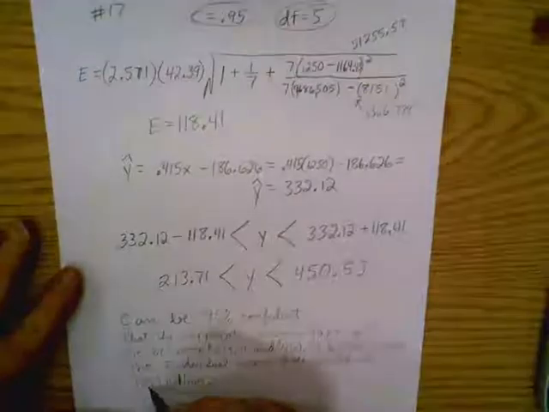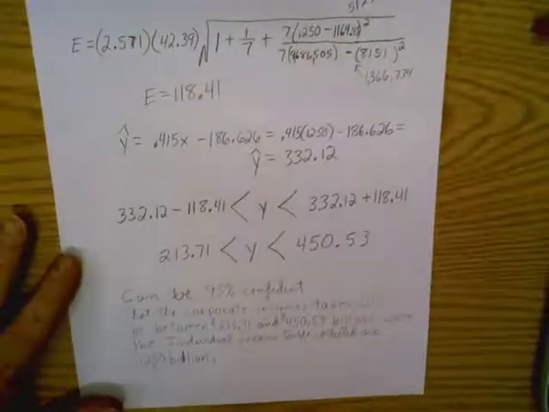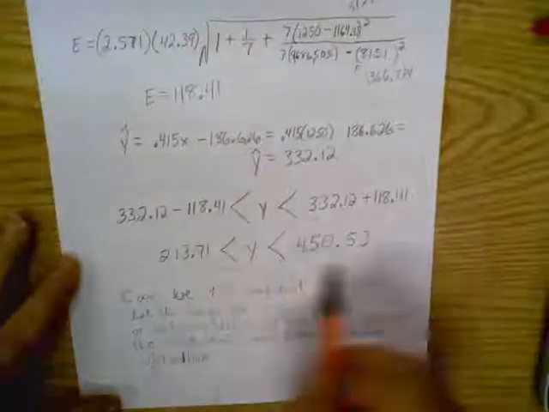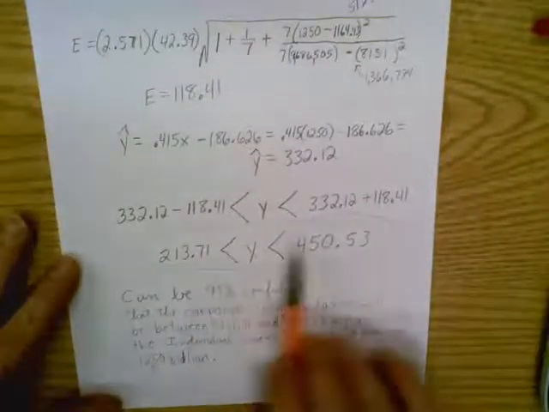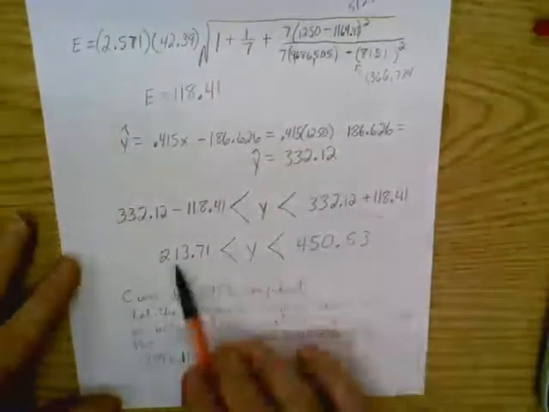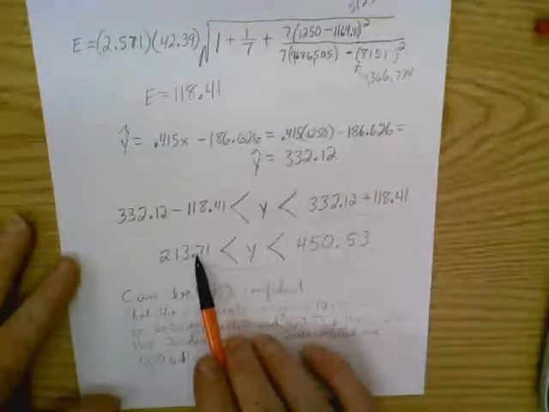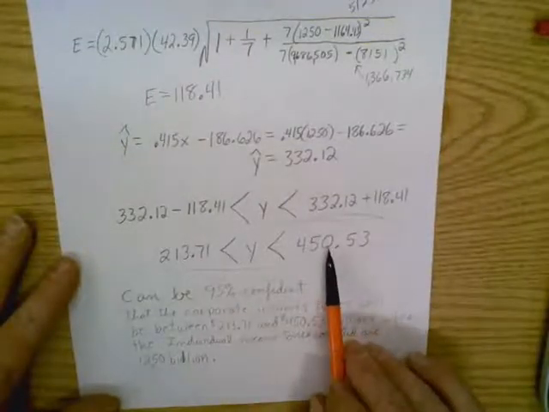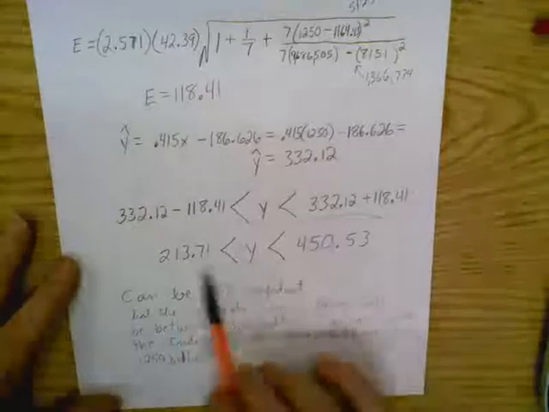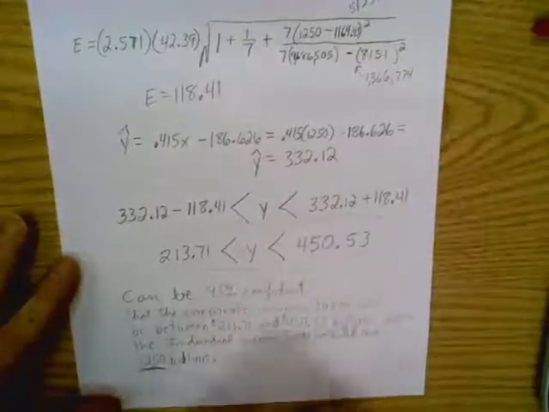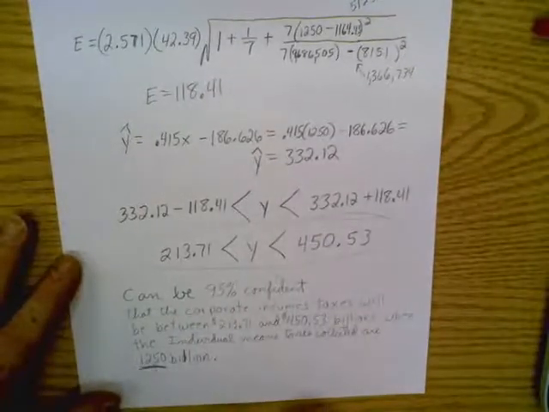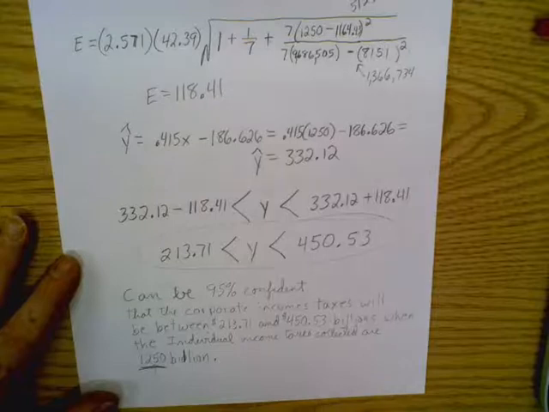That's our X sub 0 there. So that's our interval. We're saying we're 95% confident that for that certain year that the federal income tax collected from corporations is going to be between those two numbers, given that the individual taxes collected that year was about 1,250 billion.